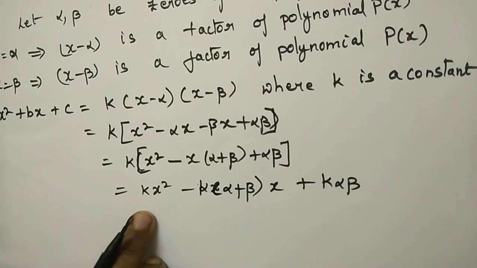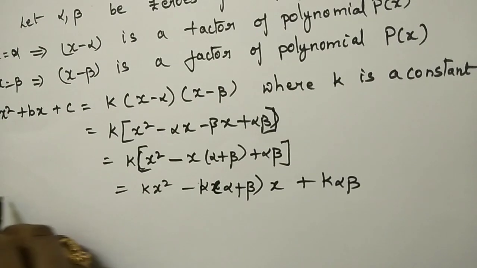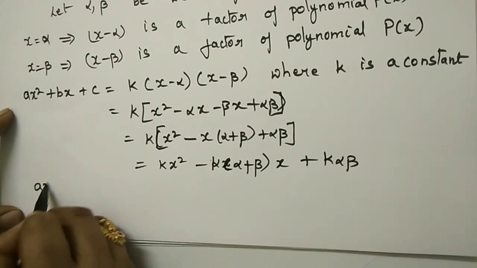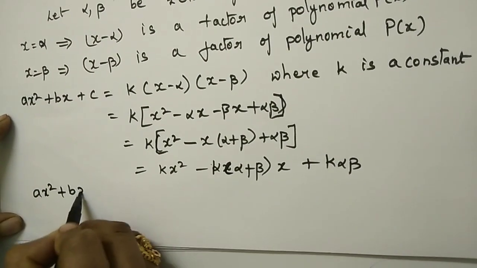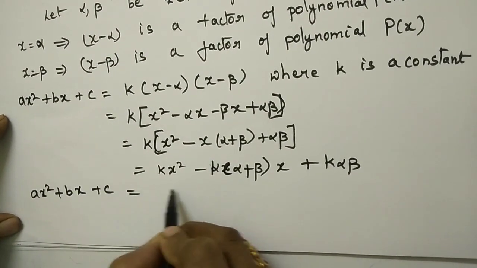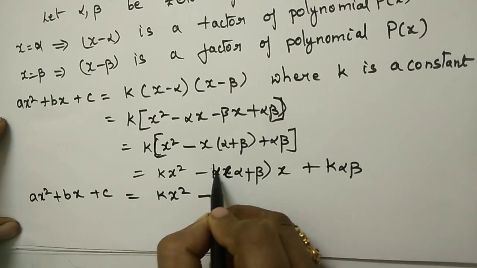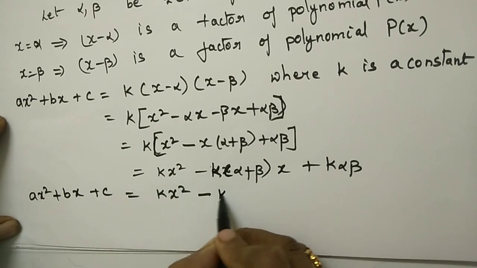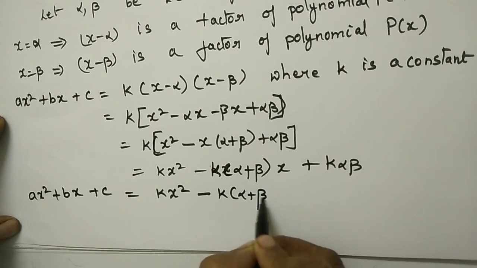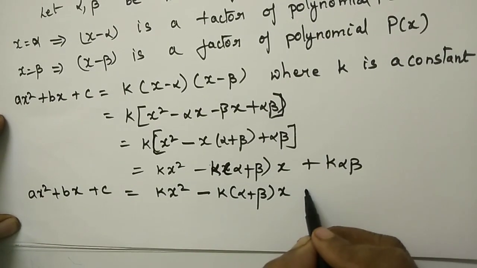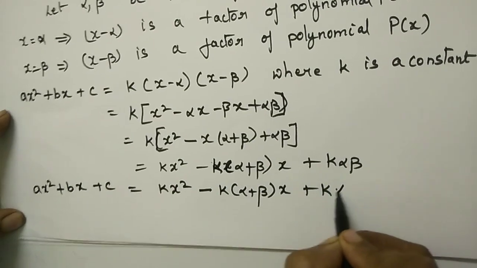Comparing the coefficients of ax square plus bx plus c equal to kx square minus k into alpha plus beta into x plus k into alpha beta.